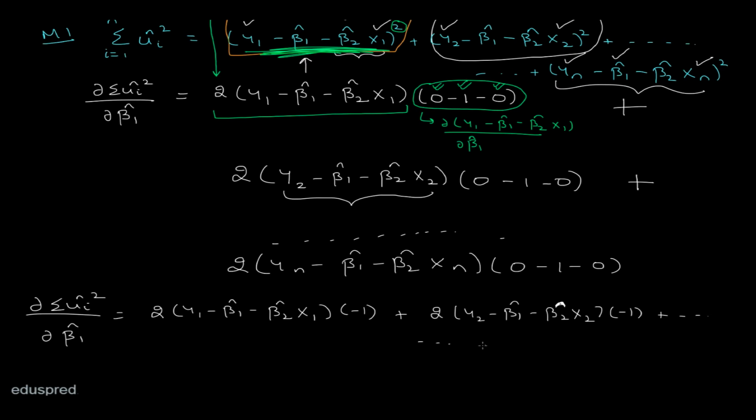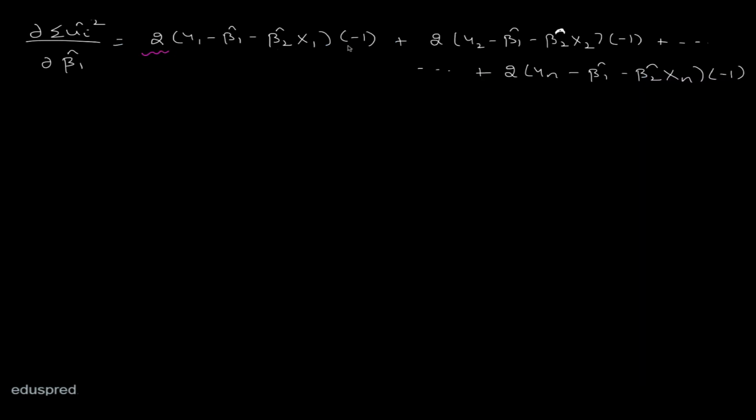And when we differentiated the last term, we got 2 yn minus beta 1 hat minus beta 2 hat xn multiplied by minus 1. So this 2 multiplied by minus 1 becomes minus 2. Similarly over here we have 2 multiplied by minus 1, so this also becomes minus 2. Over here as well we have 2 multiplied by minus 1, so this also becomes minus 2.